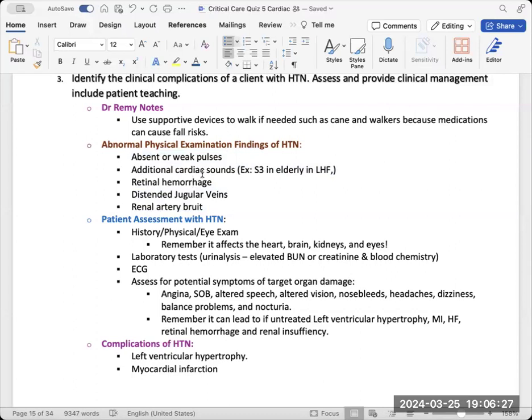If they have any sort of complications, because remember, hypertension is usually asymptomatic. So when they start having symptoms, there's a problem. The management is not good. Something is failing here. Either they're not taking their medication regimen, they're not following dietary restrictions, maybe the medications aren't working, or maybe it's just getting worse and there's something we're not catching.